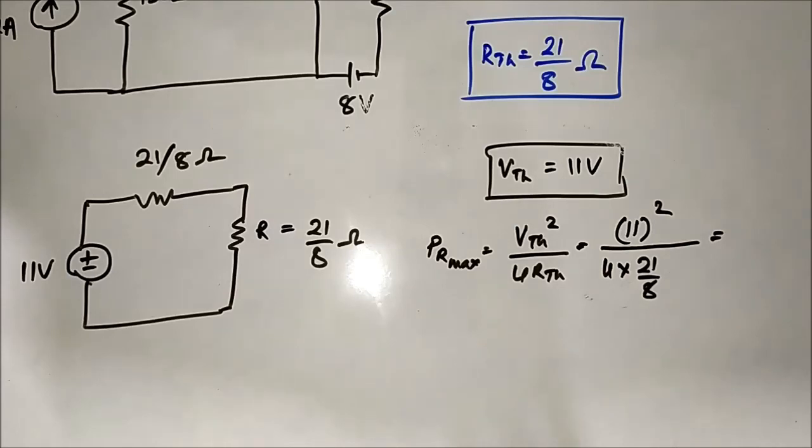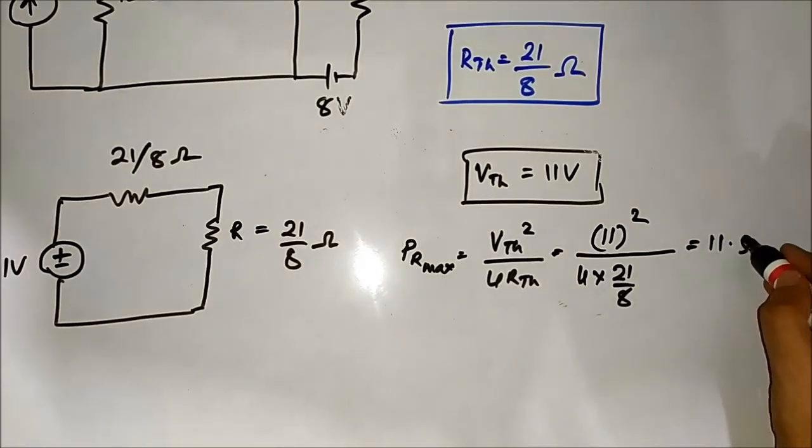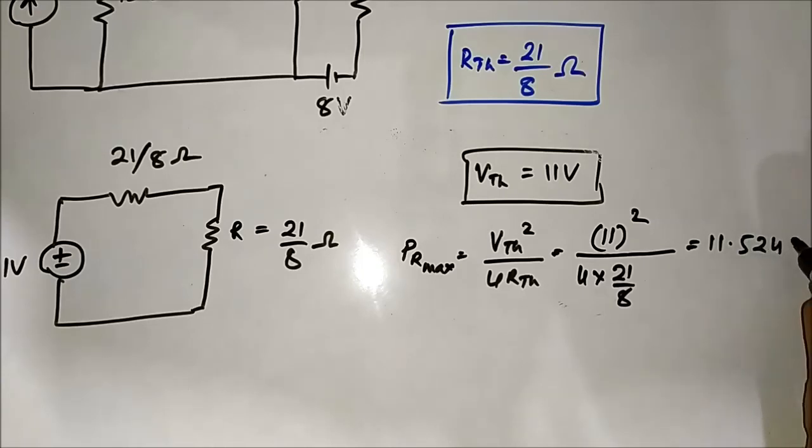Let us calculate. 11 square by 4 into 21 by 8 is coming as 11.524 watts.